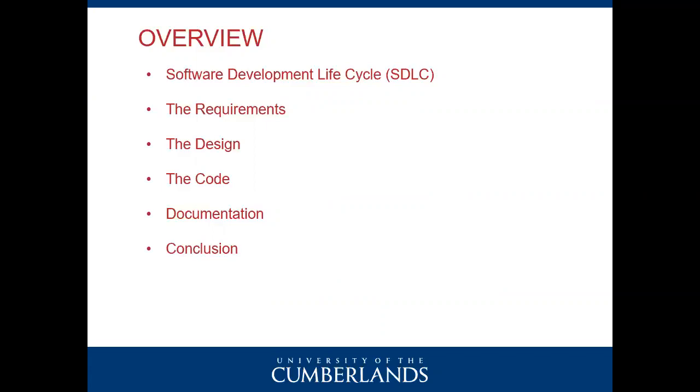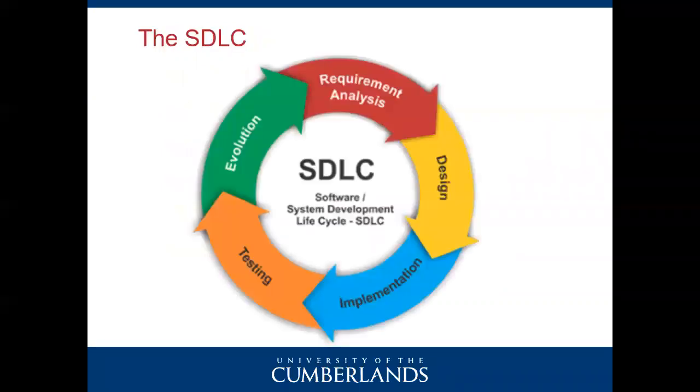Okay, so here we have the tried and true software development lifecycle. It starts at the top of the circle with requirements. The whole reason you're developing a system, developing software, is to satisfy some set of requirements.